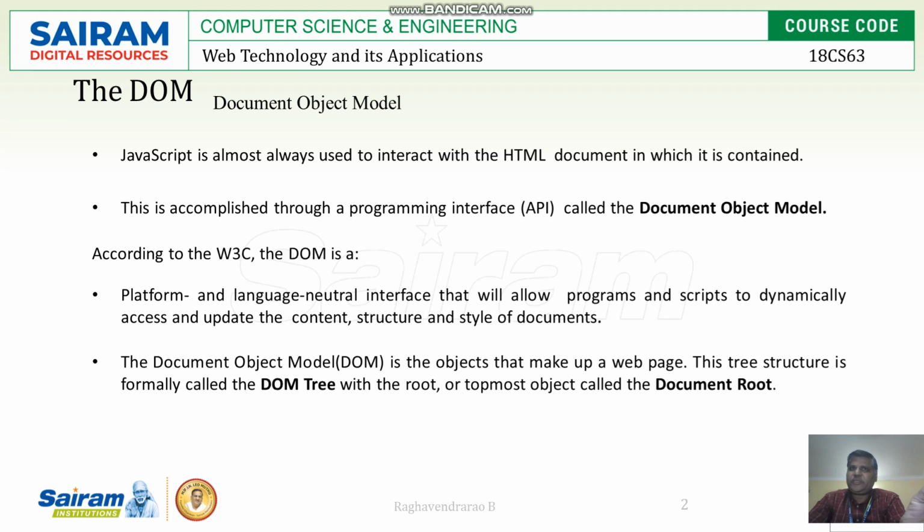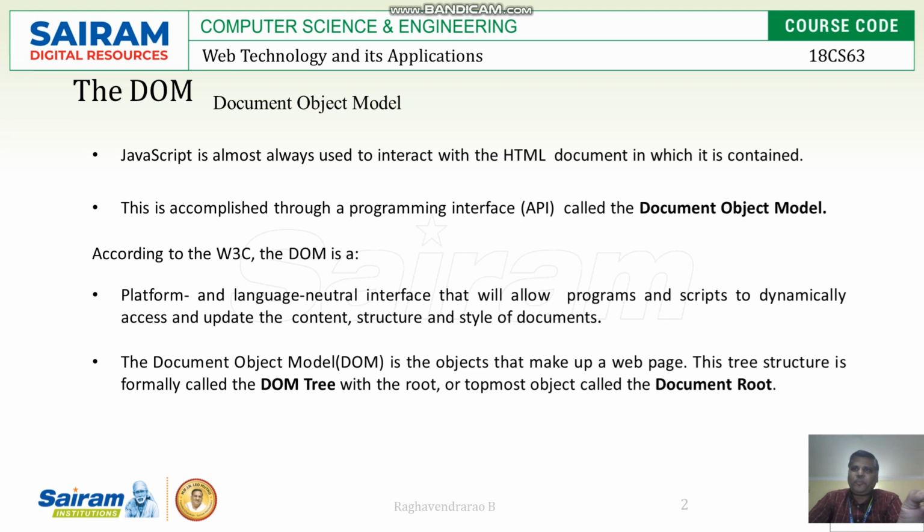It is given by the W3C consortium, and it contains all those things that have been said. So the DOM object contains the web page in the form of a tree structure. So it is called the DOM tree.